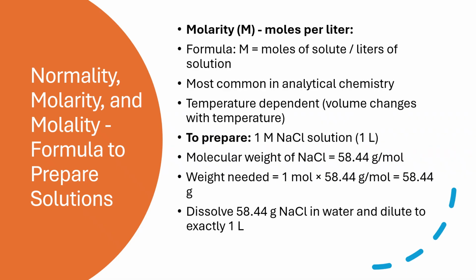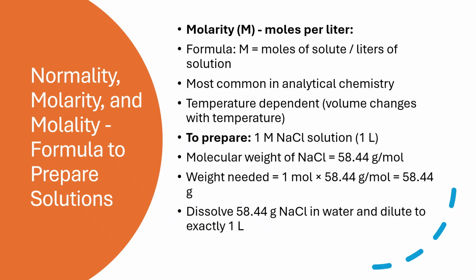So what is molarity? Molarity is nothing but moles of solute per liter of solution. For preparing 1 molar solution of anything, you need to know the molecular weight of the compound. Here you have to prepare 1 molar NaCl solution. The molecular weight of NaCl is 58.44 gram per mole.